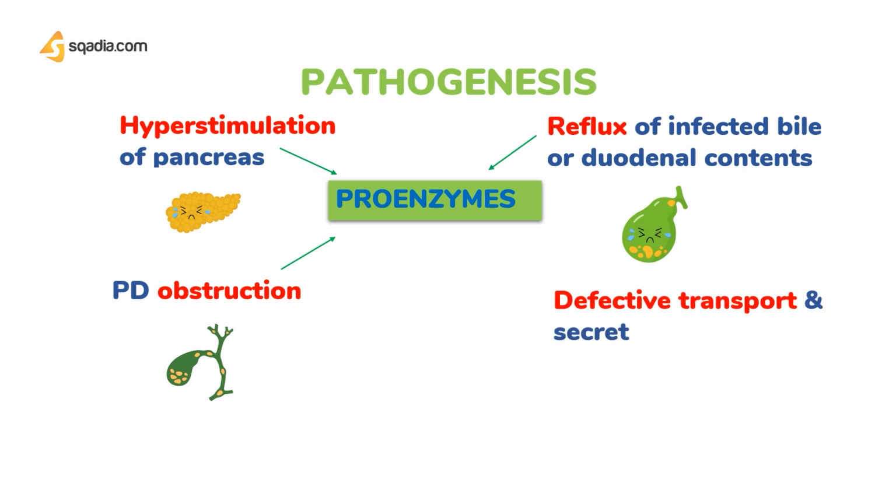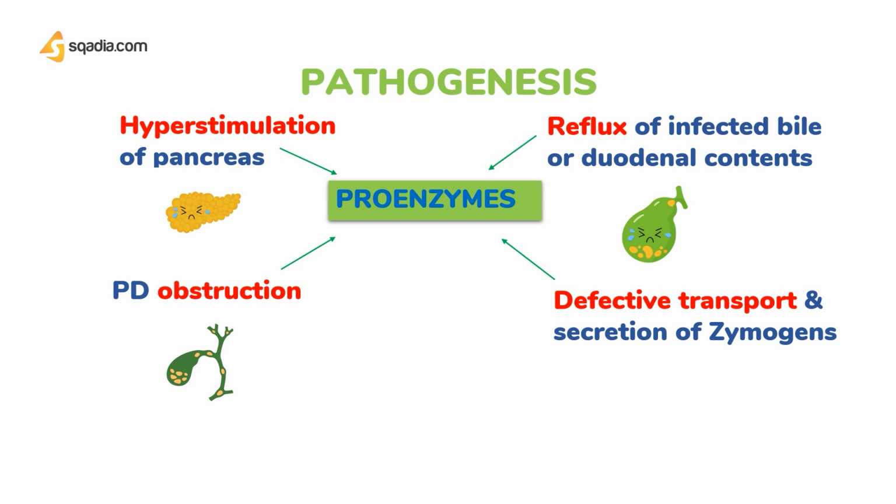Next is defective transport and secretion of zymogens. So there is some problem with the zymogens or their intracellular extracellular transport mechanism that will cause their activation within the pancreas. So hyperstimulation, abnormal reflux, obstruction of the pancreatic duct, or defective transport of the pancreatic enzymes.